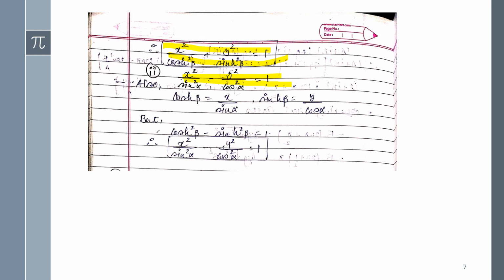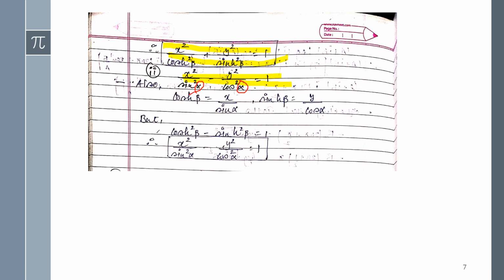So for that you can see the question. I'm highlighting, guys, see here. You can see the question has been asked in the form of alpha. It means the solution of this question must be in the form of beta, right?